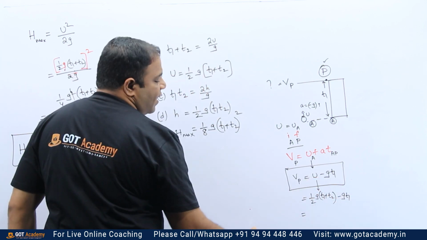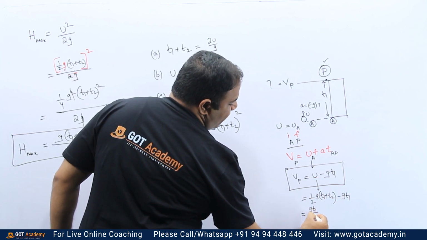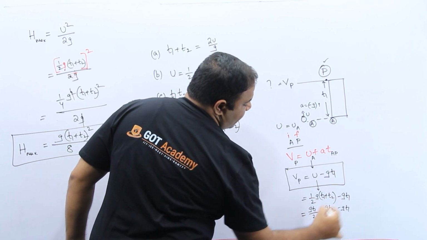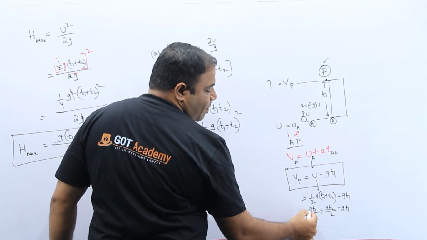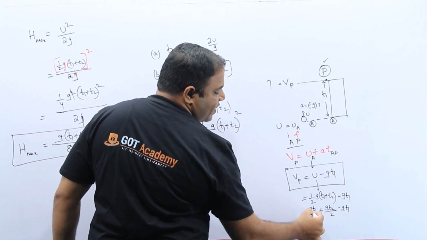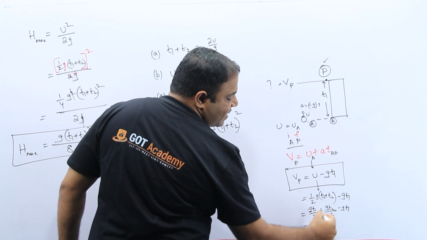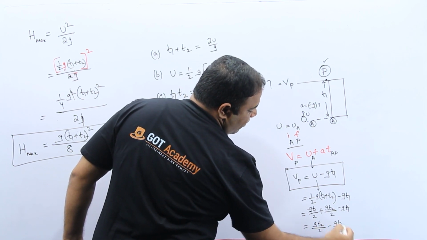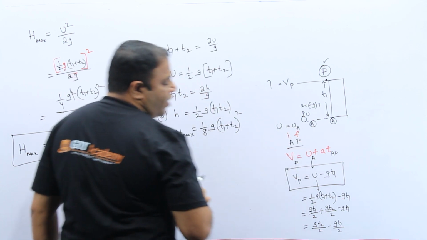So what I am going to get here is g T1 by 2, g T2 by 2 minus g T1. So this is plus and this is minus. What happens between these two? You will get minus g T1 by 2. So g T2 by 2 minus g T1 by 2. This is what you are going to get.